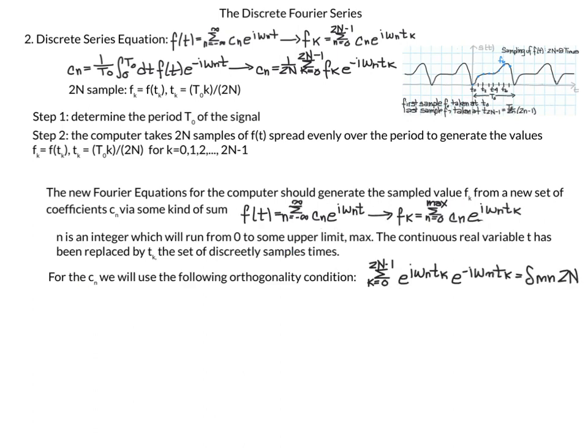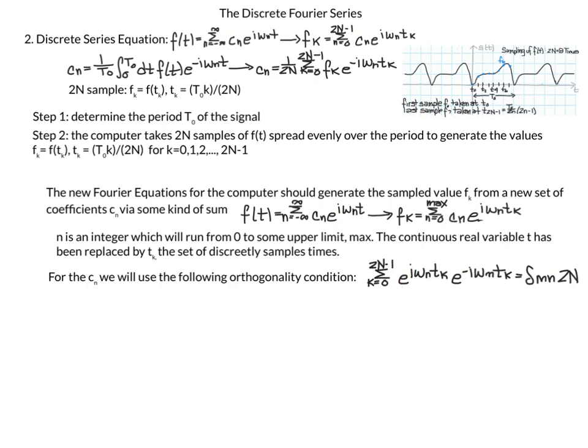For c sub n, we're going to use the following orthogonality condition, which I will not derive, but you'll look at it, and it's so similar to what we had for the continuous Fouriers. These are sines and cosines, so they're orthogonal unless your frequencies are equal. So when we're summing from k equals 0 to 2n minus 1, we chose 2n minus 1 because we're summing to the end of the period when we're sampling 2n times.